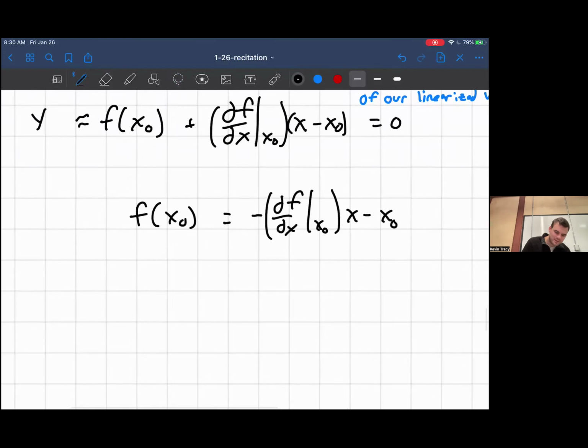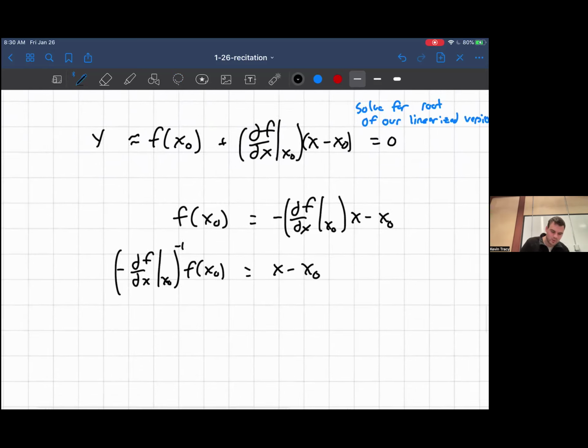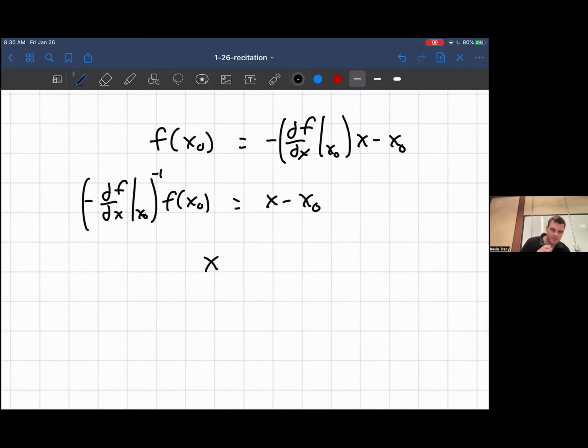Now if I invert this and apply it to both sides, I get negative df/dx at x0 inverse times f(x0) equals x minus x0. So my new value of x that solves this root finding problem is x0 minus df/dx at x0, to the negative 1, times f(x0).